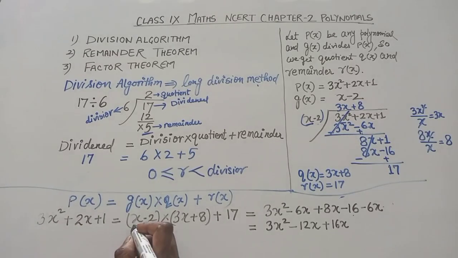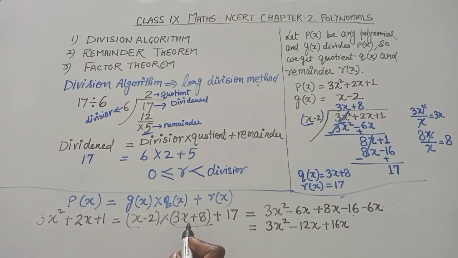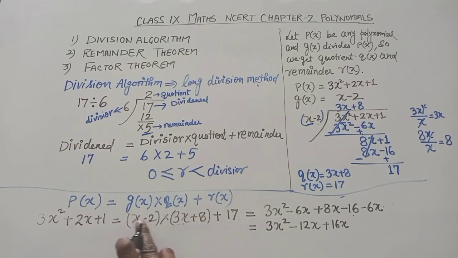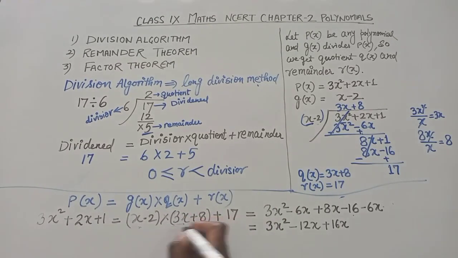Okay, again x from the whole one, so 3x square minus 6x. x the whole one, 3x square minus 6x. Okay, so 8 the whole one, 8x minus 16.